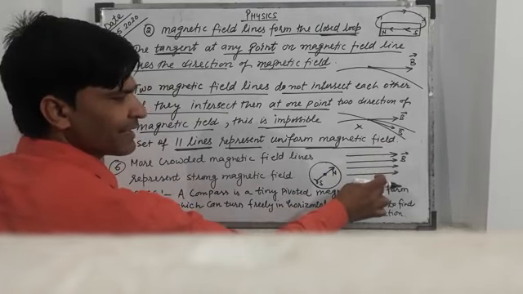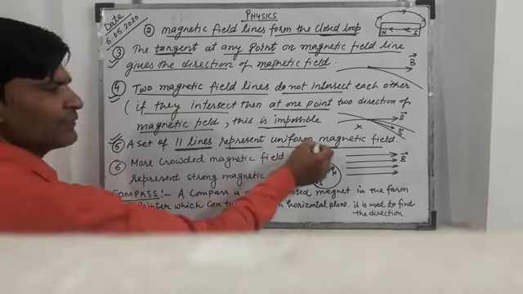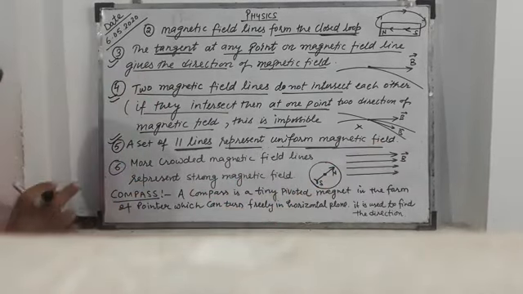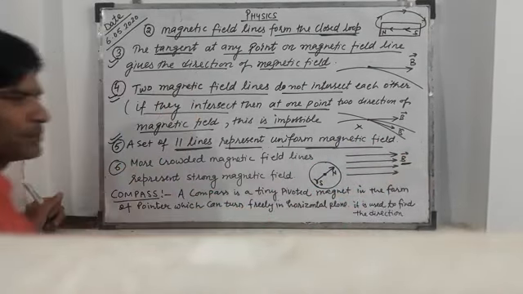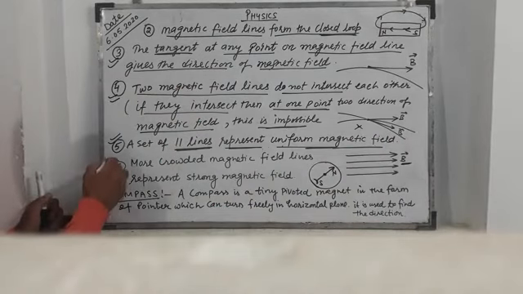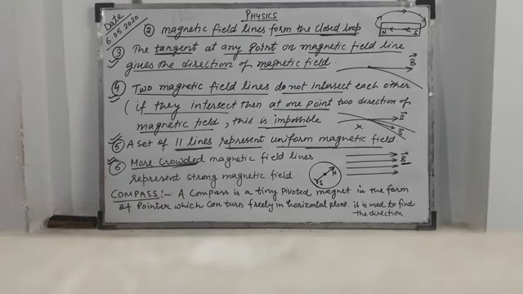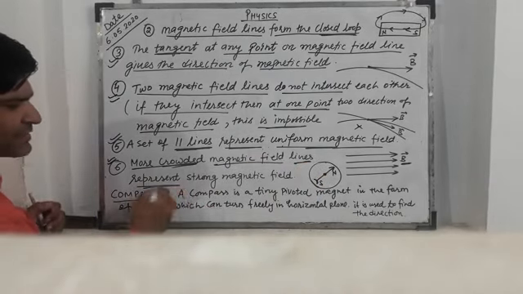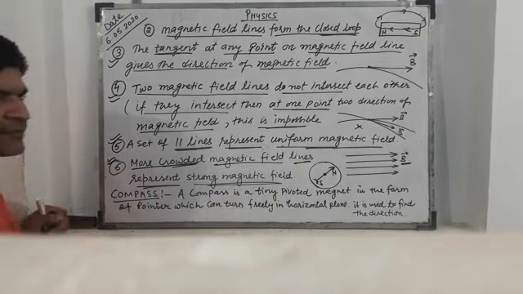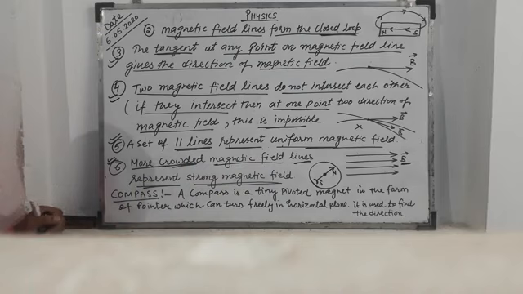The magnetic field is represented by capital B. Now the last property is that more crowded magnetic field lines represent a strong magnetic field. If the magnetic field lines are crowded, then it is a strong magnetic field.